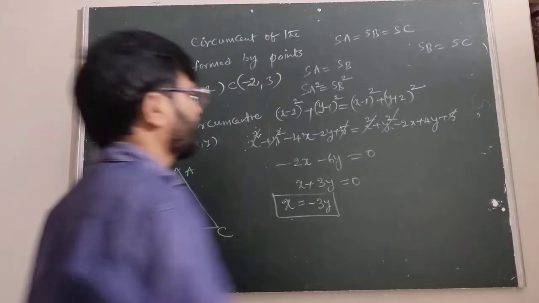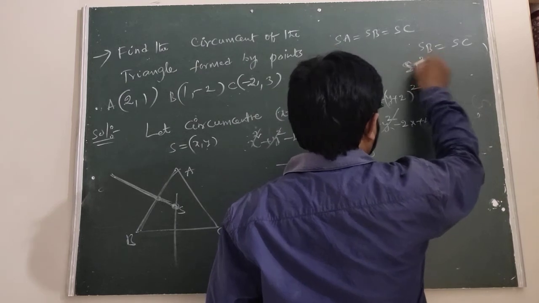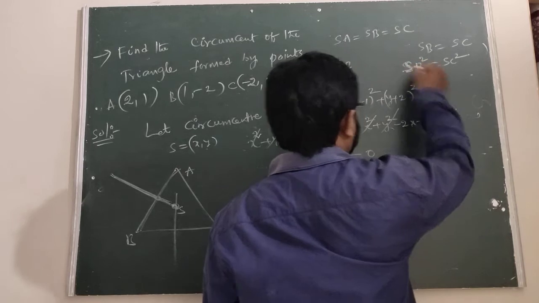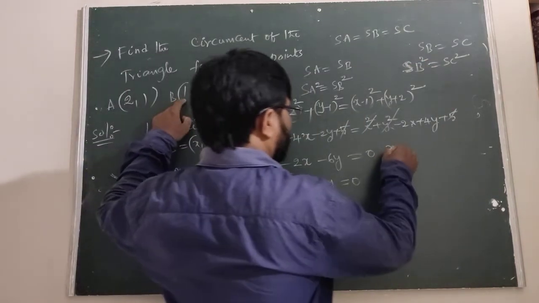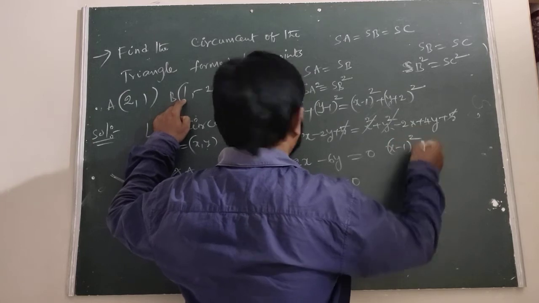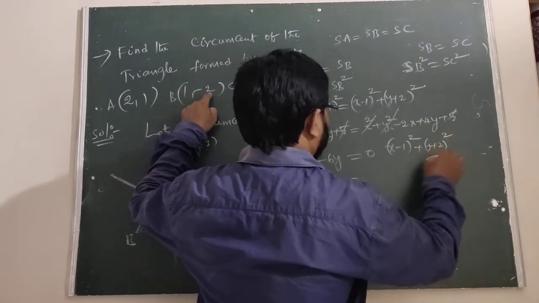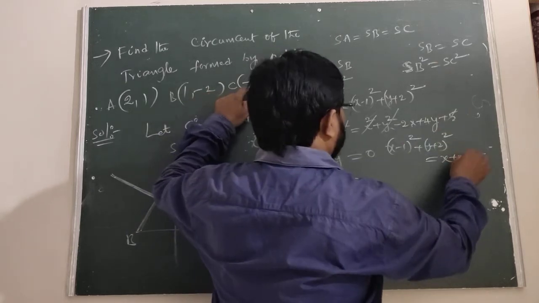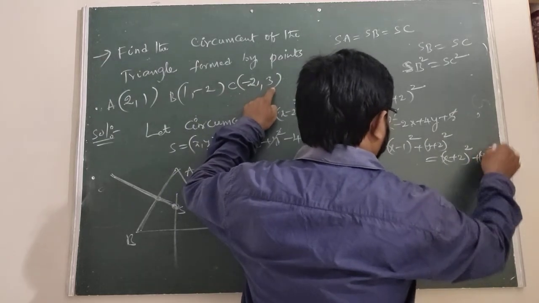When we take SB equal to SC, now write SB square equal to SC square. SB square is (x minus 1) whole square plus (y plus 2) whole square, equal to SC square, which is (x plus 2) whole square plus (y minus 3) whole square.